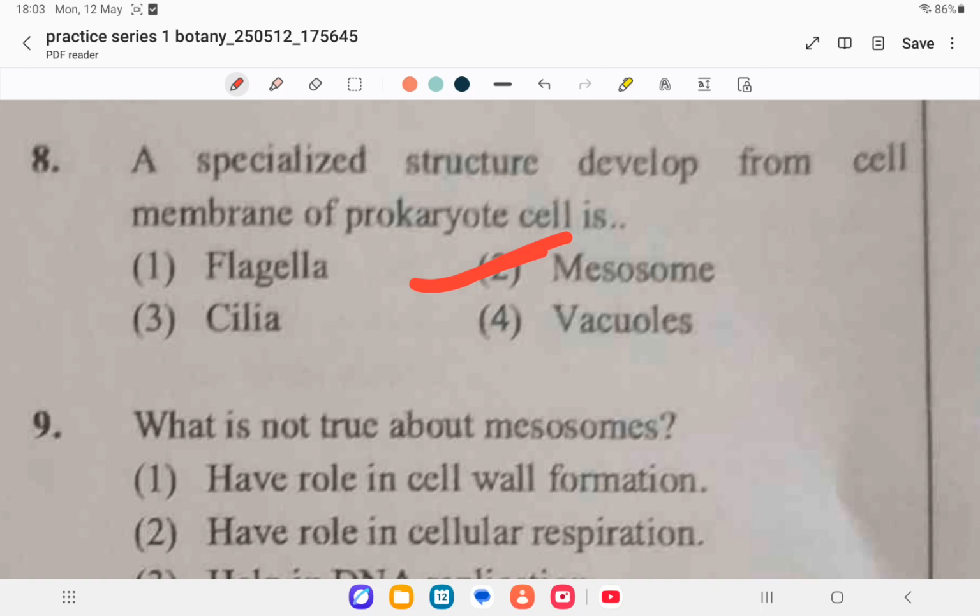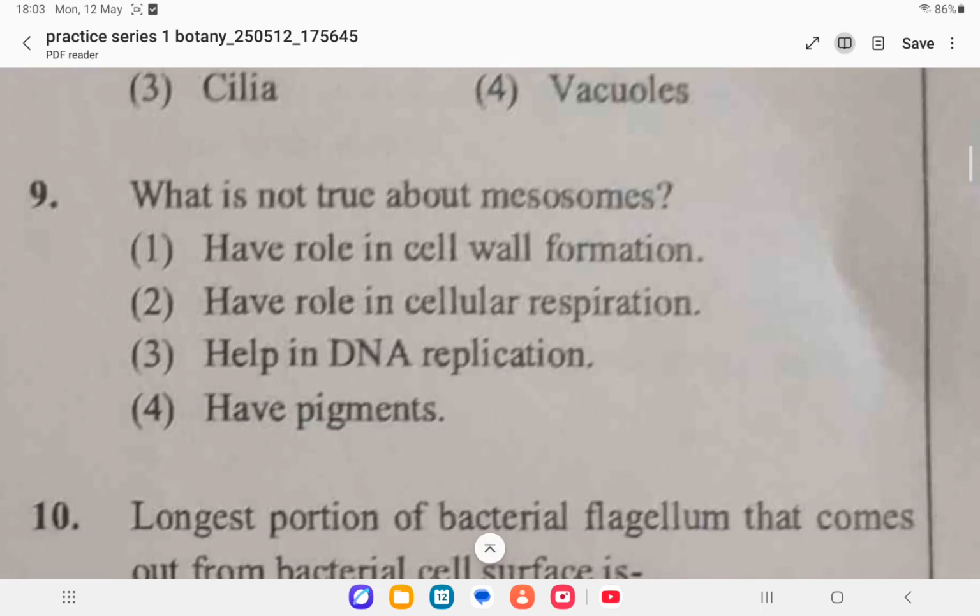Flagella is a motile structure and helps in movement, vacuoles are present inside the plant cell and store materials, and cilia are small finger-like projections present on the outer surface that help in movement and grasping of materials. So the answer is mesosome. Mesosome is a special membranous structure formed by extensions of plasma membrane into the cell. You can take a look. Forward for the next question.